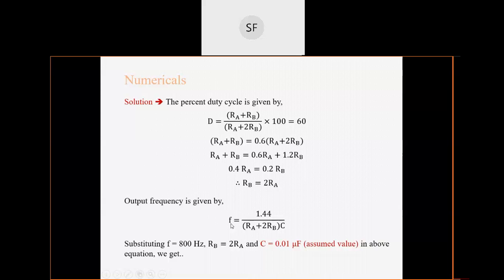Frequency is known to you. Now this relation is known, but again you cannot find out the exact parameter, right? Because even if you put RB equals twice RA, that is, wherever RB is there I replace it with twice RA, then again in this expression also there will be two unknowns, RA and the capacitor.